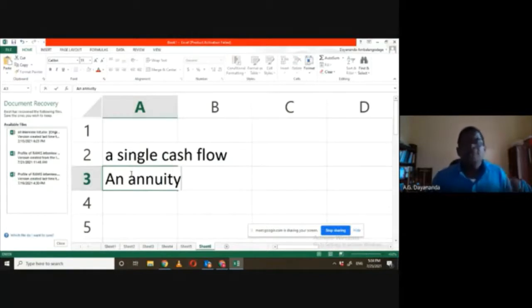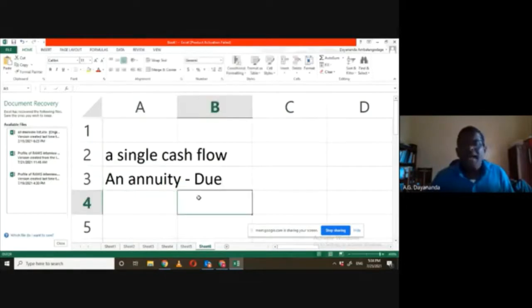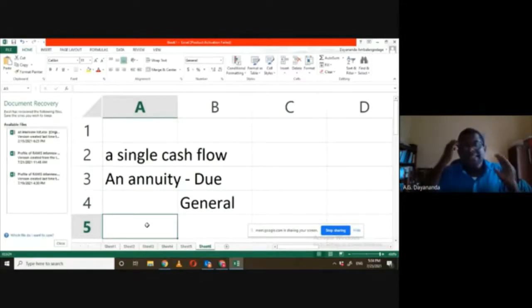But of course, annuity has two parts: one is annuity due, and the other is the general annuity. Is it clear? And also we discussed mixed cash flow.